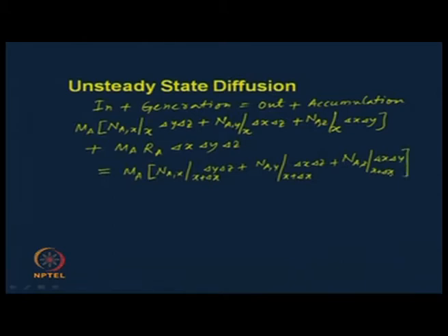So, this is the mass flow rate out plus accumulation. The accumulation term is delta x delta y delta z into del rho_A by del t, where rho_A is the density of component A. So, this is the equation number 5.